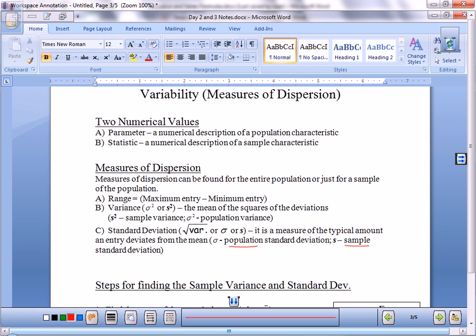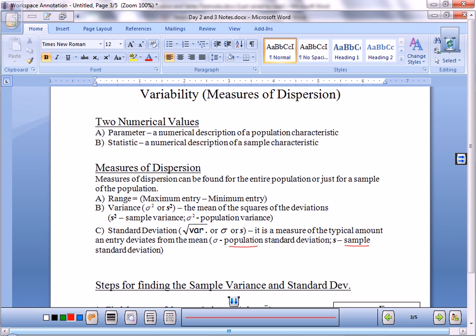If we had all the data for an entire population, we know what the data is. Unless we're predicting something that may happen in the future, we already know what everybody made. So when I look at your test scores, and I have every single test score, I'm good. I know what they are. But if I'm looking at a sample of test scores to try to predict what the entire population would be, that's where I'm looking at a statistic. Does that make sense? Okay.